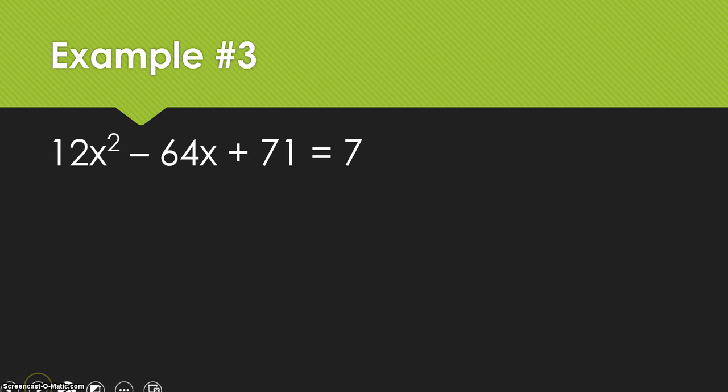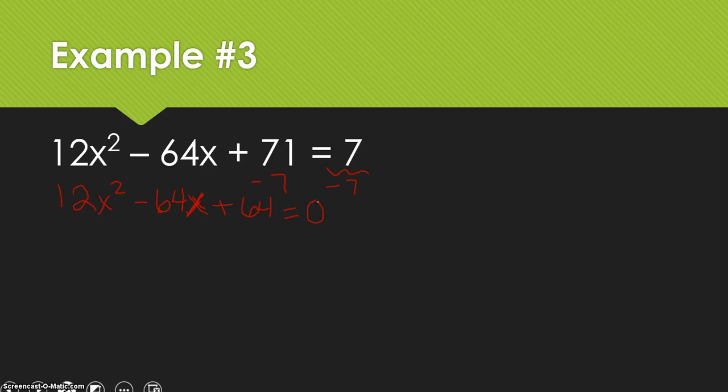Let's try another example. So here, again, it's not equal to 0, so I'm going to subtract 7 from both sides, and I get 12x squared minus 64x plus 64 equals 0. Now I check to see if something factors out.